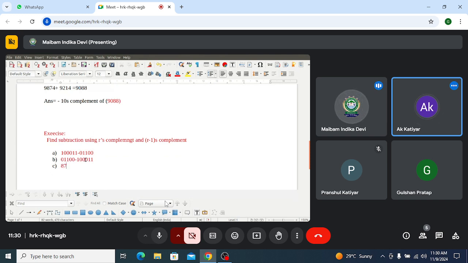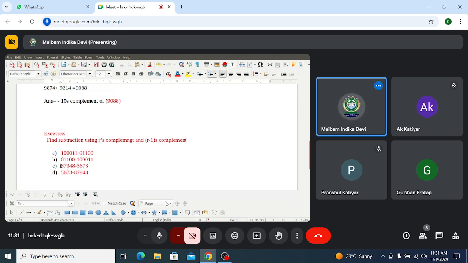Number C is 78 minus 5673. Number D will be 4785673 minus 89. So these two are binary numbers and these two are decimal numbers.